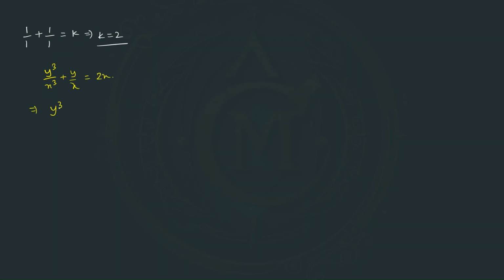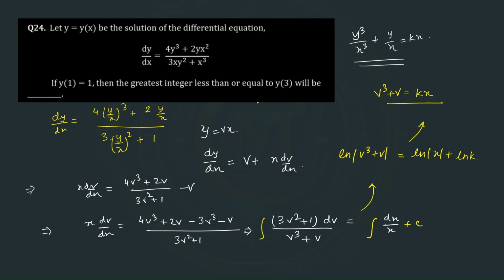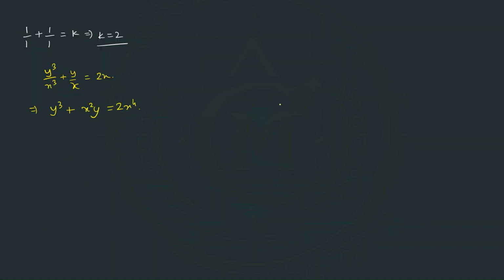If we multiply both sides by x cube, we get y cube plus x square y equal to 2x to the power 4. Now we are asked to find the greatest integer less than or equal to y of 3. So from here we can put x equal to 3. So here we will get y cube plus 9y equal to 2 times 81, that is 162.